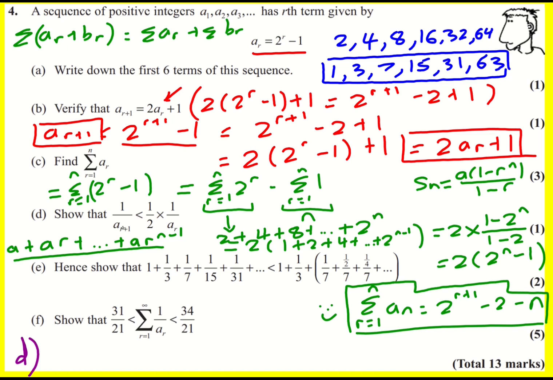So we're asked to show that 1 over a_(r+1) is less than a half times 1 over a_r. So 1 over a_(r+1) is equal to 1 over 2a_r plus 1 from using b.